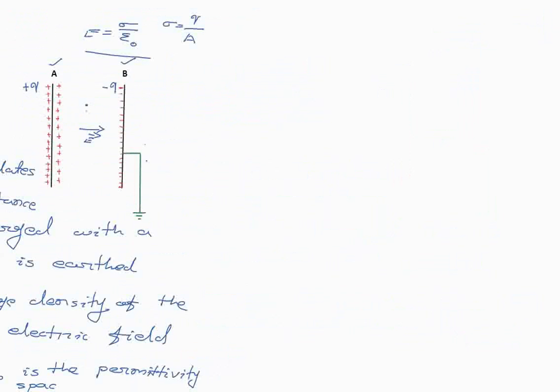Let P be any arbitrary point inside the plates of this capacitor. The direction of the electric field at the point P is along this direction.